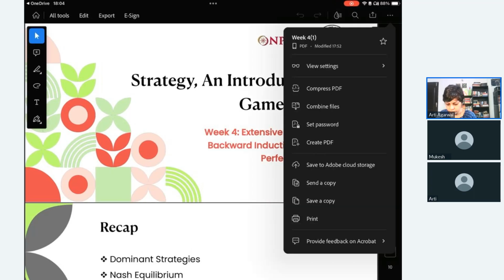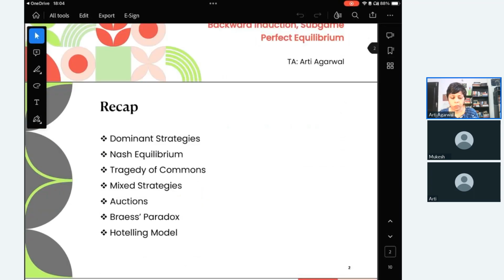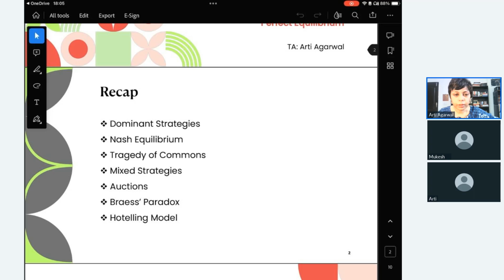How to make this full screen. Okay, it's fine. I think we can work with this. Okay, so in the previous classes, this is what we have covered so far. And I'm not going to be discussing much of this stuff. Sorry, just one second. There's some problem with this stupid webcam. Yeah, let's use a simple camera.